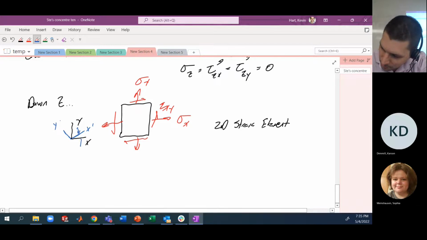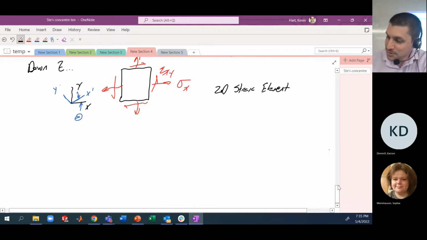And if we know that there's a rotation angle between a coordinate system that we originally used, x, y, and a coordinate system that we're moving to, x prime, y prime, well, we can utilize information that we may already have about this 2D stress state to calculate a new stress state in a different coordinate system.